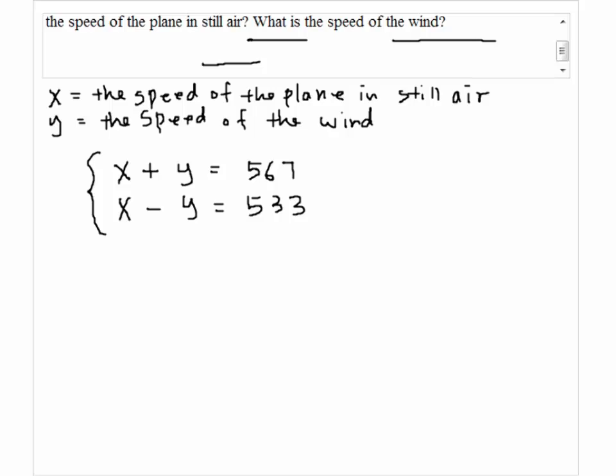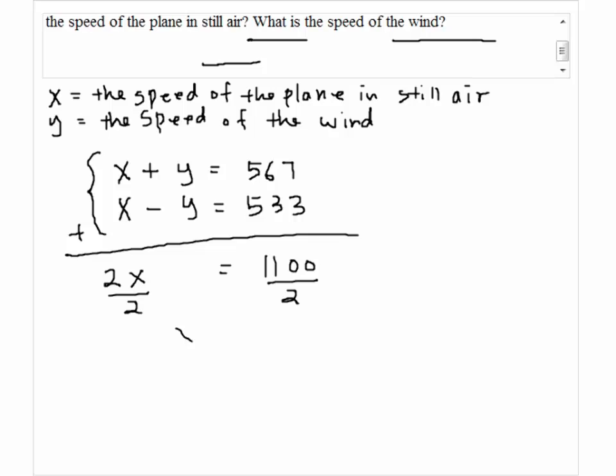Since the coefficients of y are opposites, we can simply add these two equations to eliminate y. So by adding the two equations, we have 2x equals 1100. By dividing both sides by 2, we have x equals 550 miles per hour.